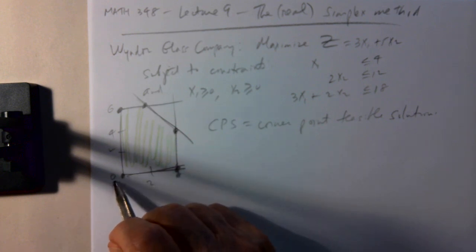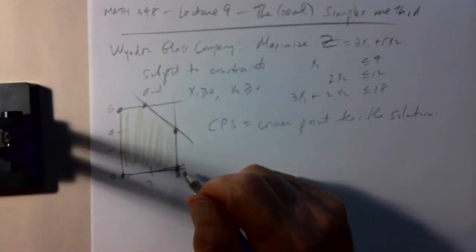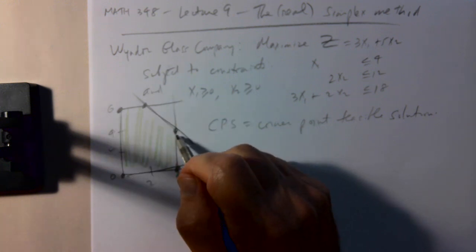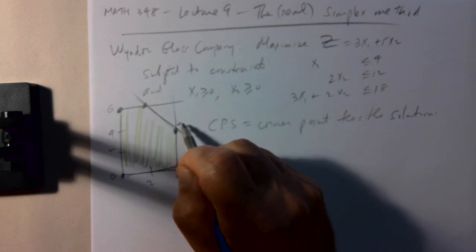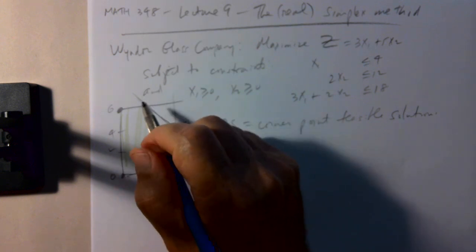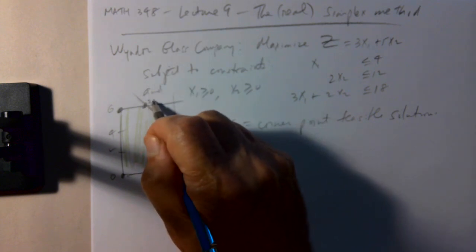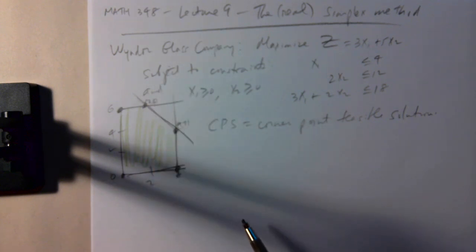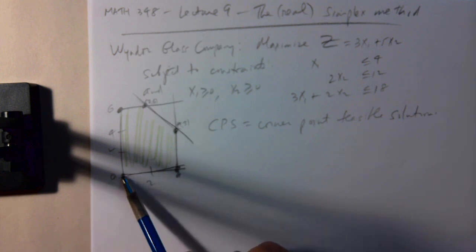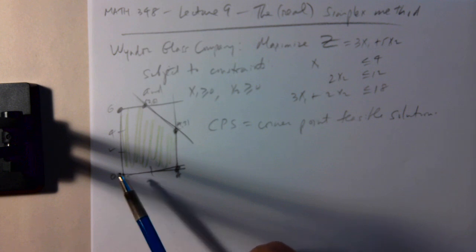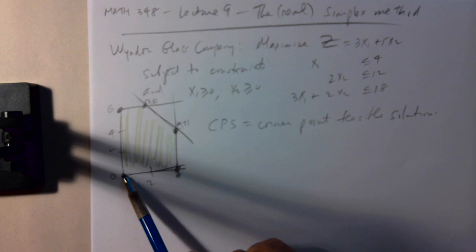This has coordinates 0, 0. This is 0, 6, 4, 0. This point is 4, 3. This point is 2, 6. And the way we solve this problem geometrically is we started at one of the corner point feasible solutions, 0, 0.